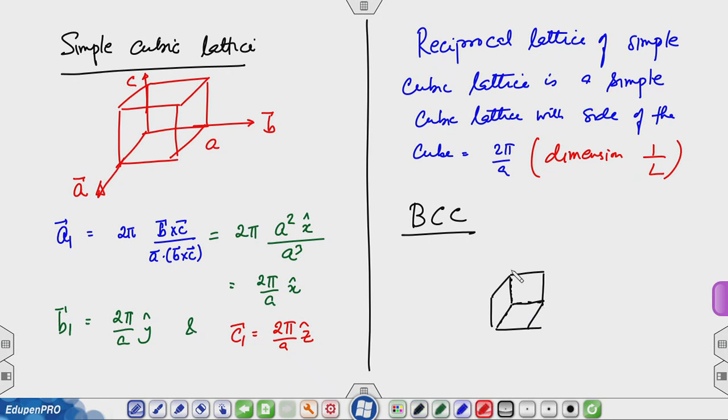I have 1 cube on the back side, 1 cube on the side, and 1 cube at the bottom.